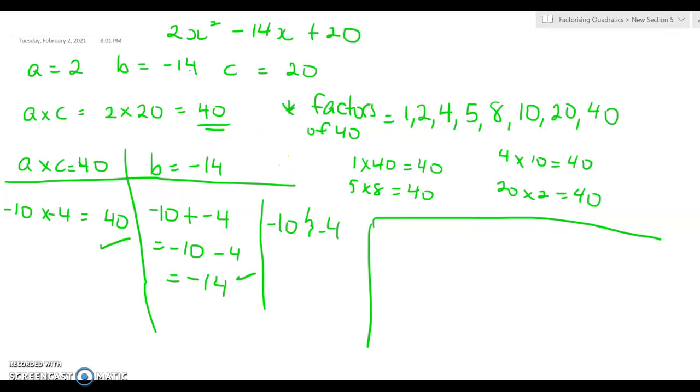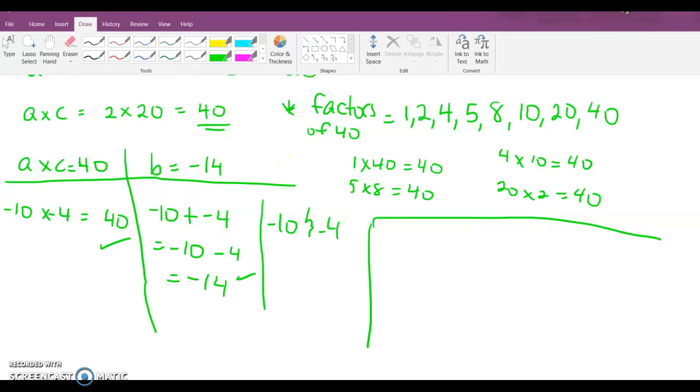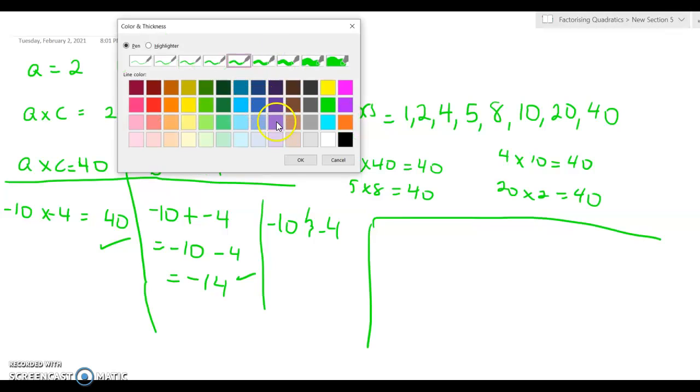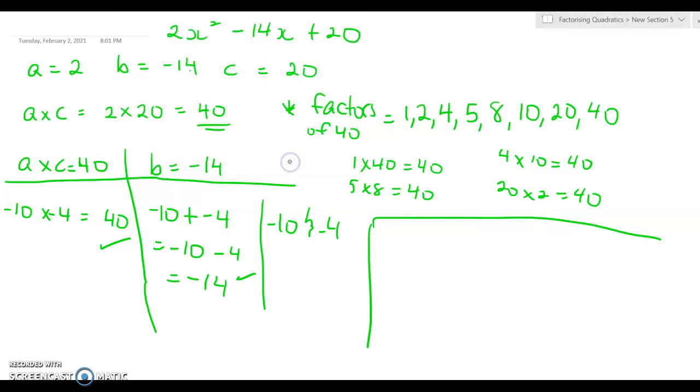And now I'll just change the color of the pen so it doesn't look too green. We're going to replace our b value now with the two numbers we chose. So 2x squared minus 14x becomes minus 4x minus 10x plus 20.